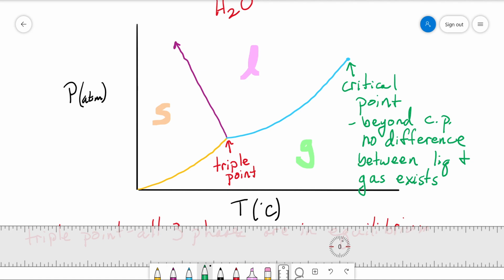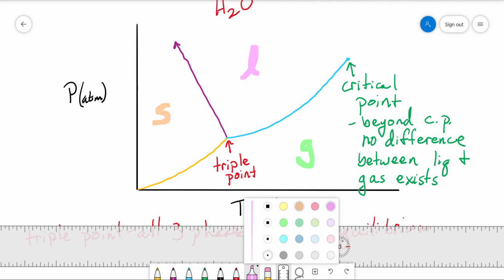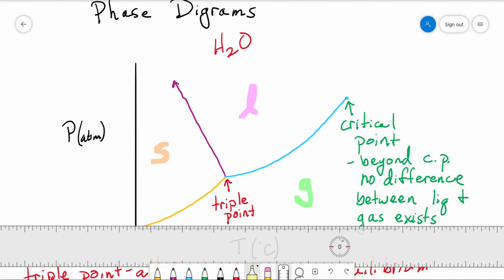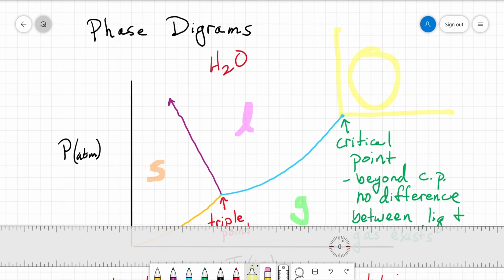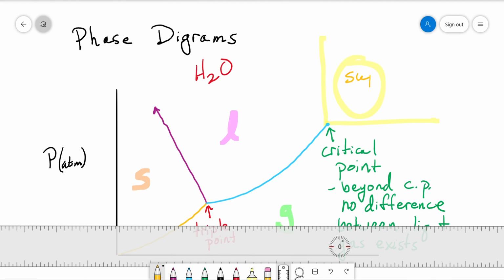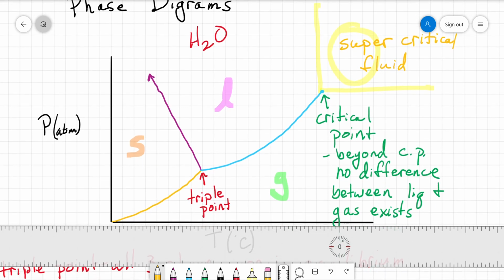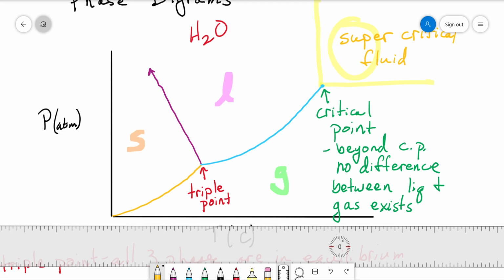So it just becomes one phase, and it kind of extends kind of like that. So in this region here, that's where you have what we call a supercritical fluid. And super just means above, so supercritical means it's above the critical point, and we just have one phase there. There's no liquid, there's no gas, it's just a supercritical fluid.